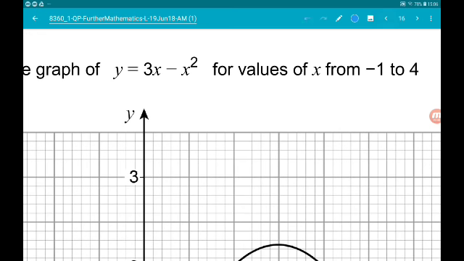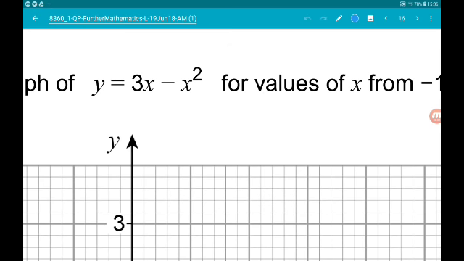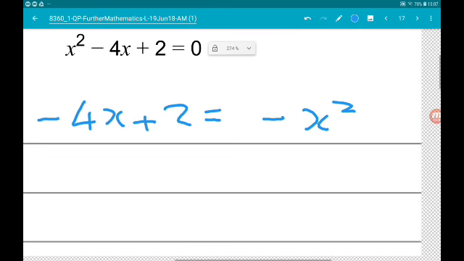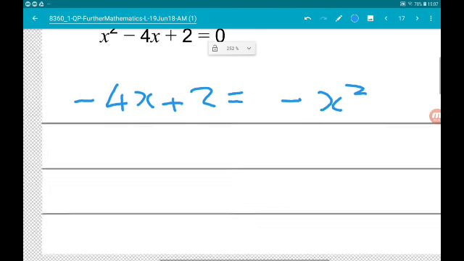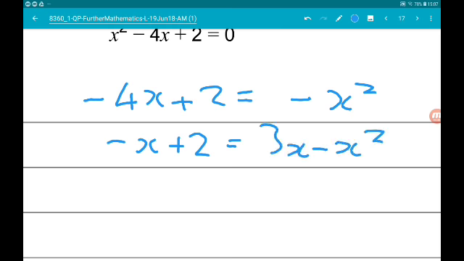Now, this guy also has a 3x on the same side as the minus x squared. So, what we're going to do here is now add 3x to both sides. So we get minus x add 2 is equal to 3x minus x squared.